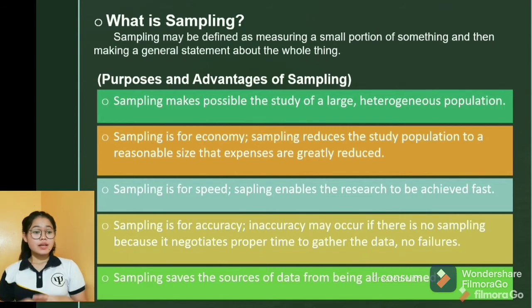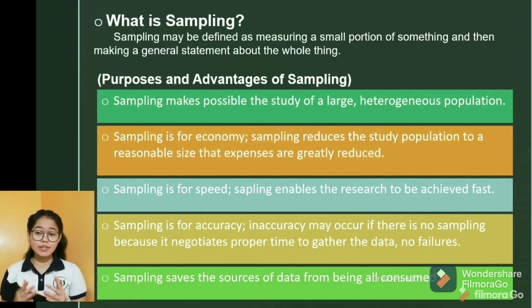First, sampling makes possible the study of a large, heterogeneous population. When we say heterogeneous population, this includes differences in characteristics of humans, from person to person, or what their interests are. So studying a whole population is too large.